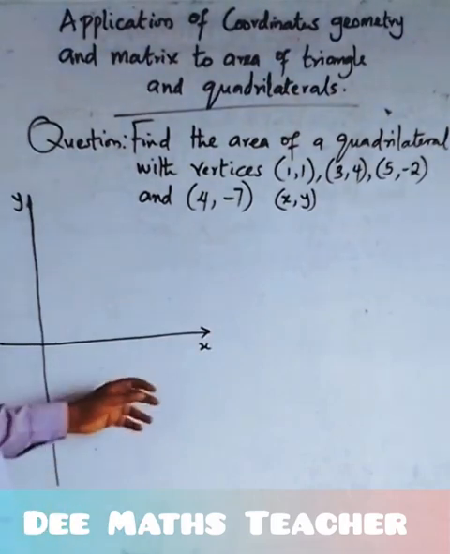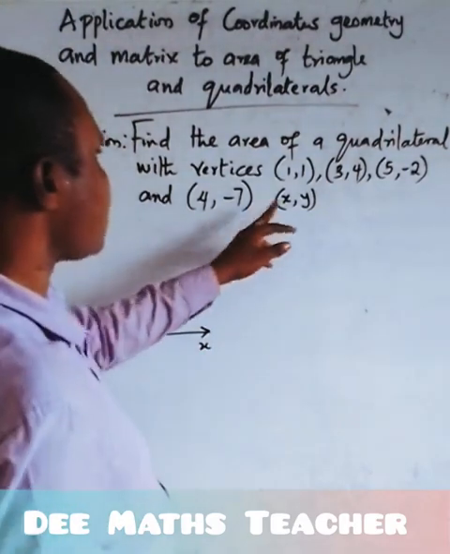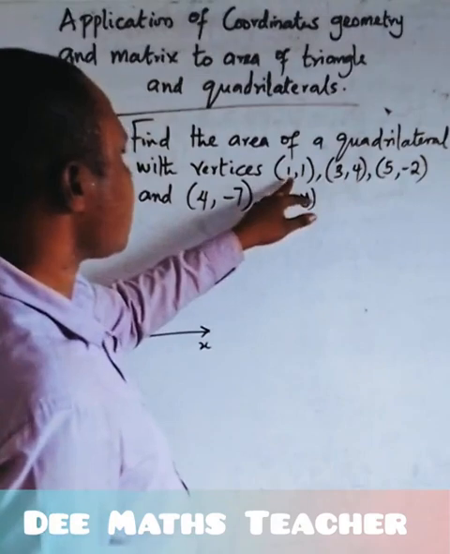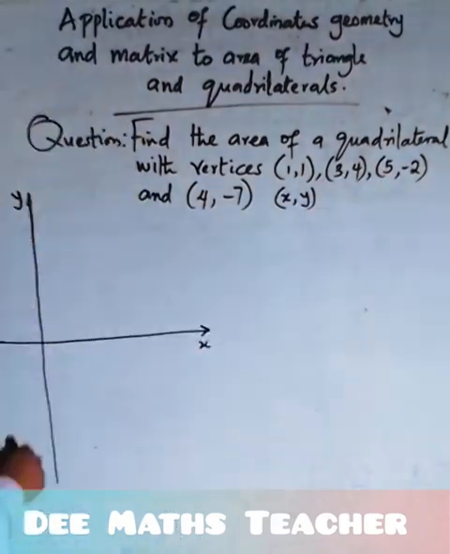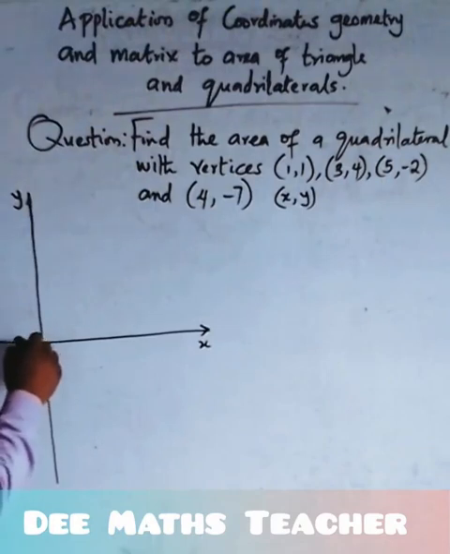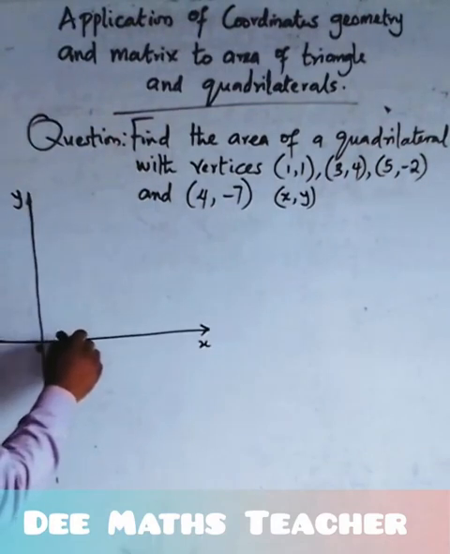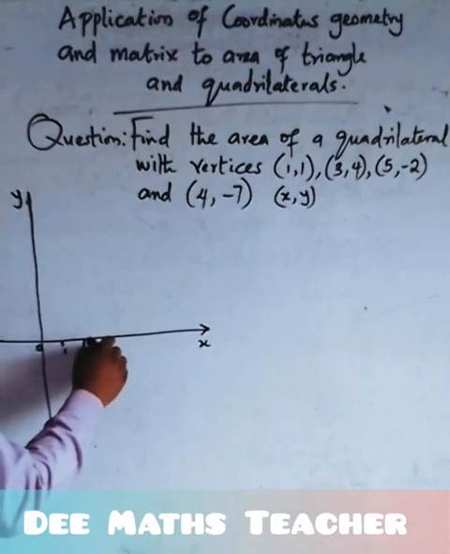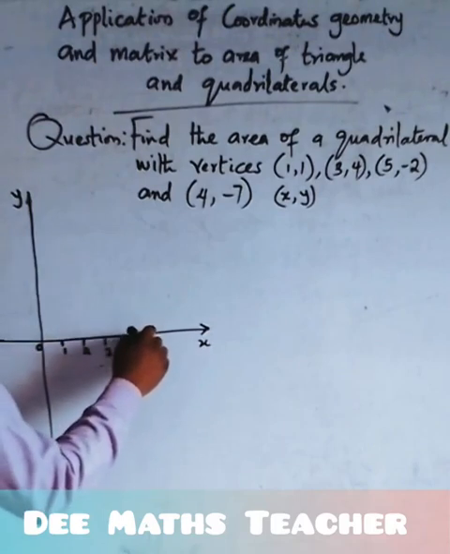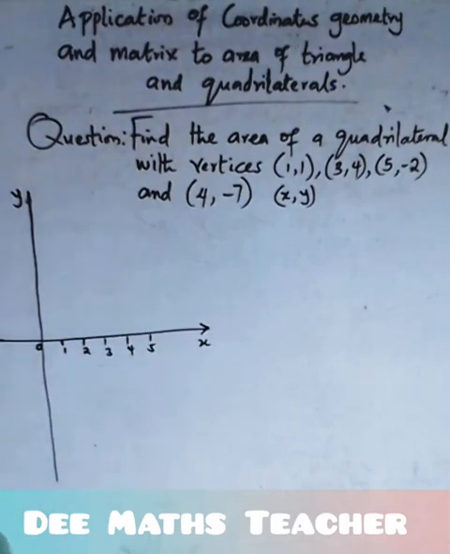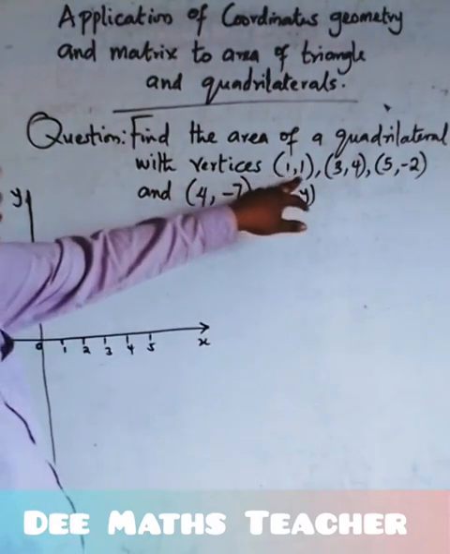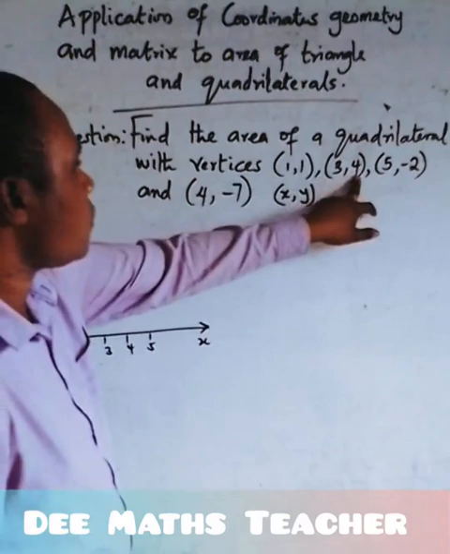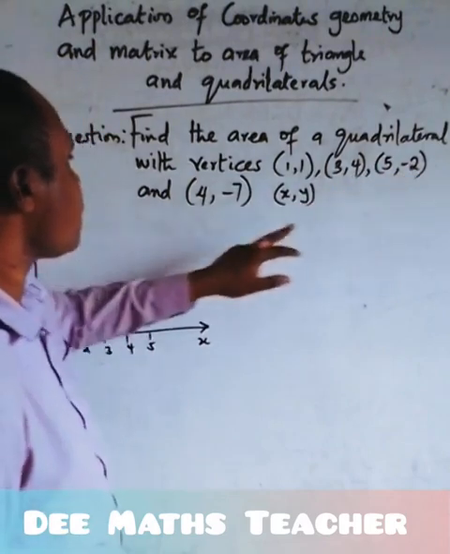For the x-axis, the highest number we have for x is 5, because this is x1, 2, 3, and 4. So let our scaling range from 0, 1, 2, 3, 4, and 5. While the range of values for our y is 1, 4, then we have -2 and -7.